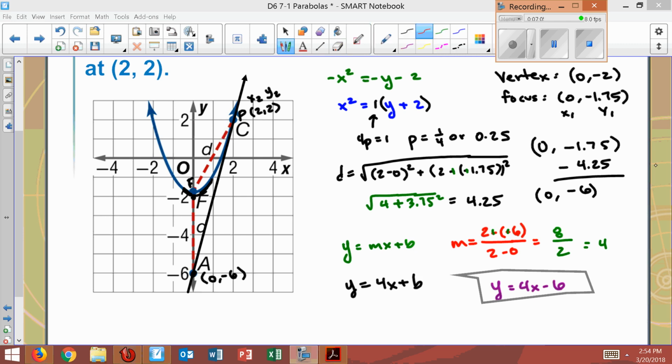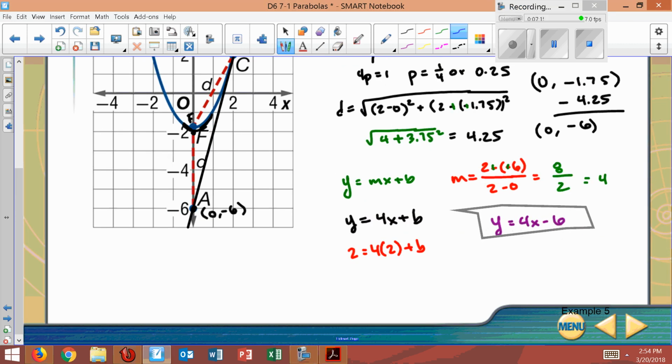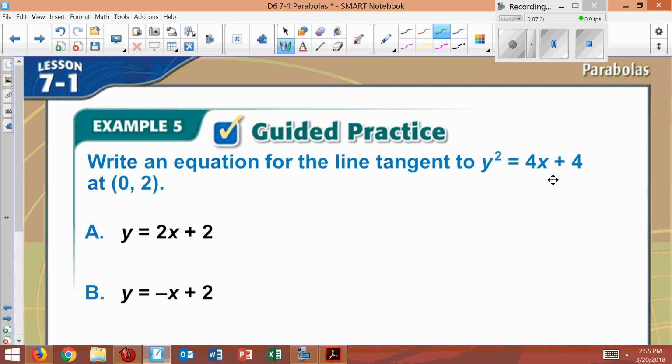The way you would solve for your b is you say 2 equals 4 times 2, which is 8, plus b. You would subtract 8, and you would find out that b equals -6. That's how you'd solve it if you could not see the y-axis. Here's one for you to try. See what you can come up with here.